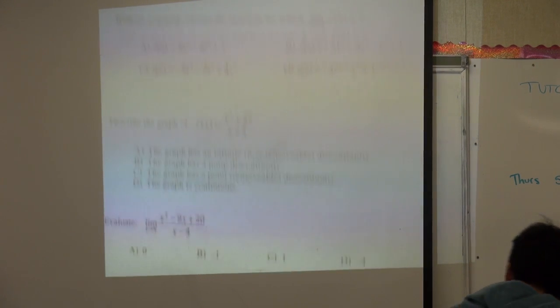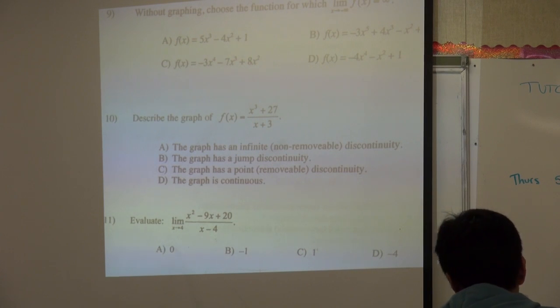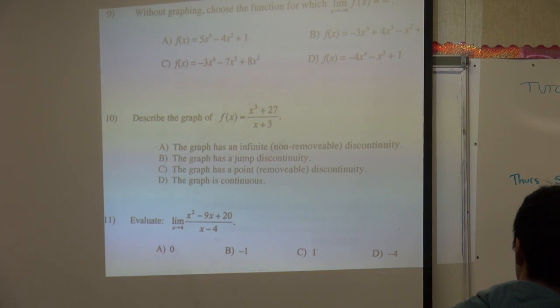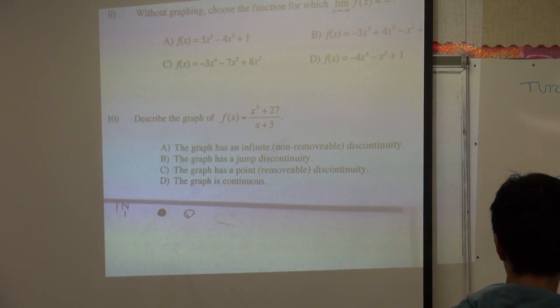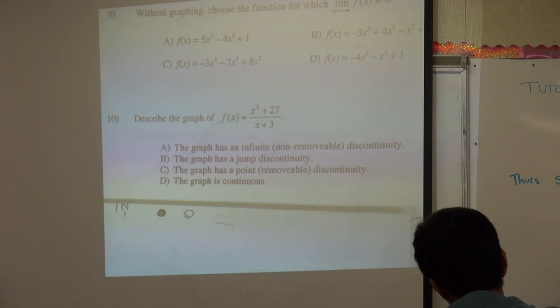Okay, number 10, describe the graph. This problem was actually, of all of them, the lowest scoring question on the test. And this one is asking you what type of discontinuity it has.